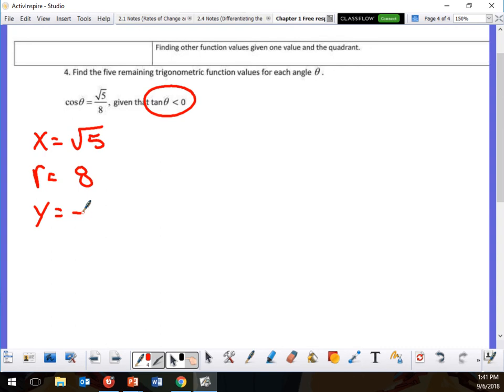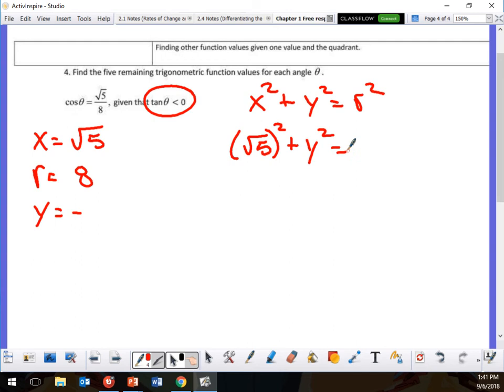Pythagorean theorem, which is x squared plus y squared equals r squared. So, it's going to be square root of 5 squared plus y squared equals 8 squared. When I square a square root, what happens? It cancels everything out, so it's just 5. So it's 5 plus y squared equals 64.